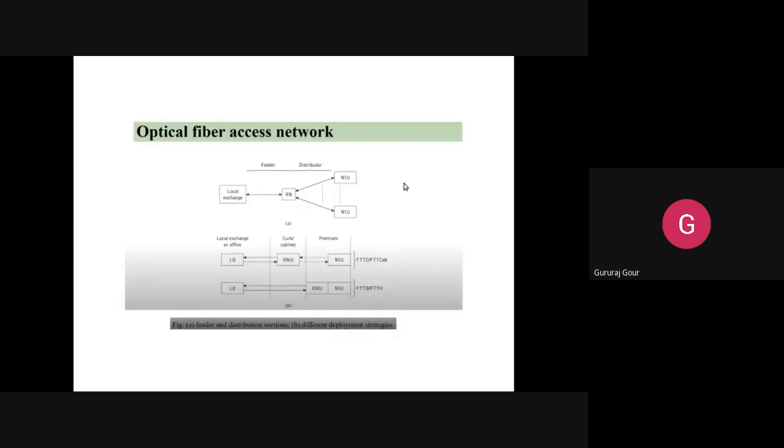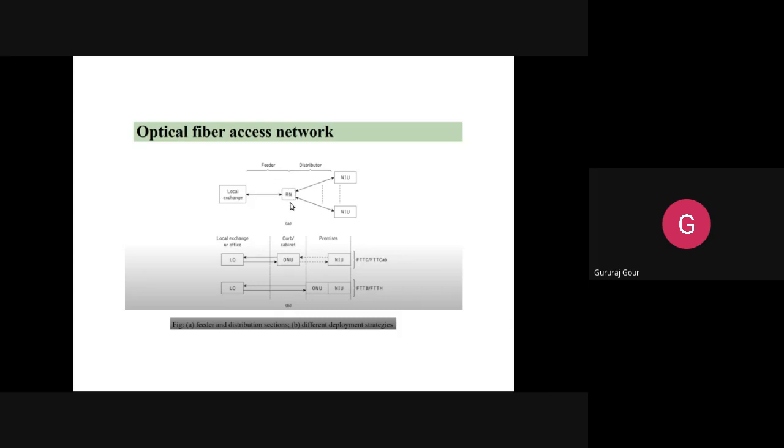Next comes the optical fiber access network's typical structure. It mainly consists of two sections, feeder and distribution. As you can see in figure A, the feeder section mainly consists of the local exchange office, where the call origination requests come in and end up with the terminal equipment.